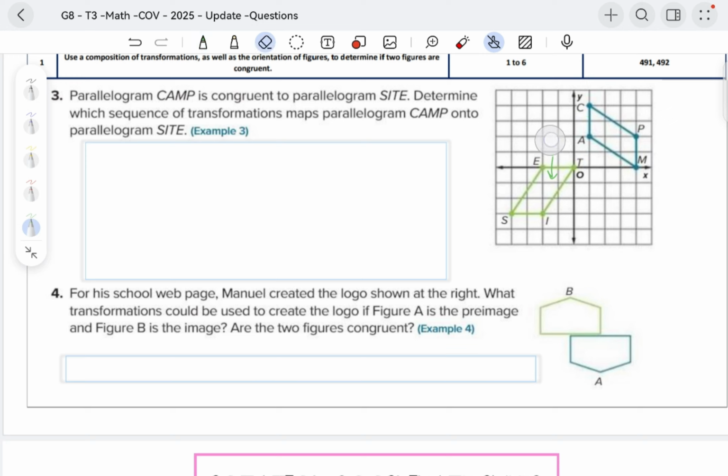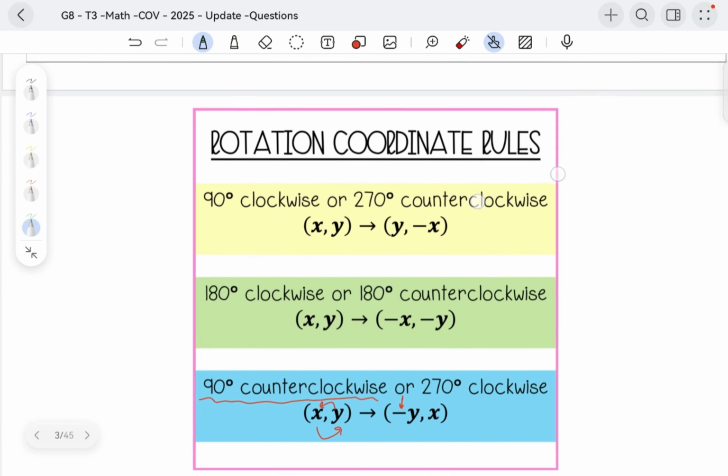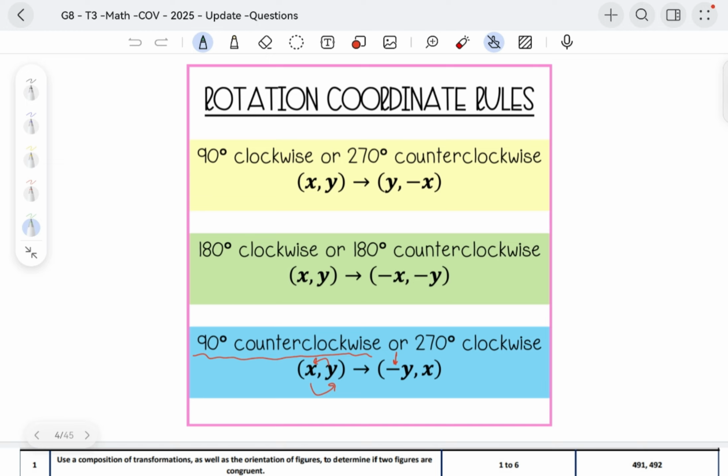So first we're gonna try to rotate it 90 degrees counterclockwise. These are the rules. For 90 degrees counterclockwise, we're gonna change the position of y with x, and then we're gonna put a minus sign for the y value.